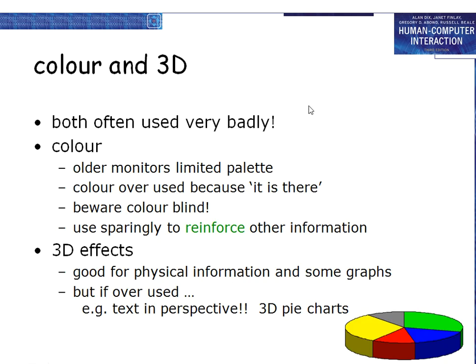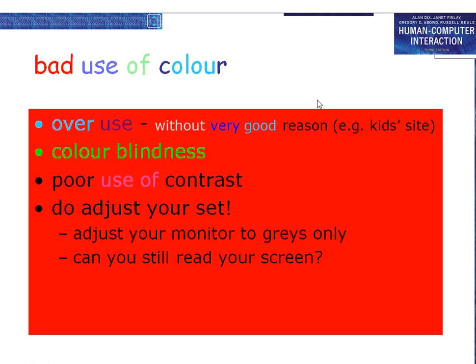Okay, color and 3D. We can use these to beautify our design, with color and also the 3D effect, but we must balance them with the aesthetic and the utility.